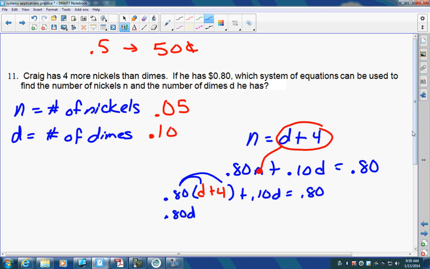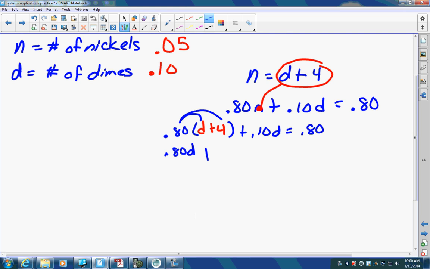0.80d plus, somebody put in the calculator, what's 0.80 times 4? It shouldn't be negative because these are both positives. Is it $3.20? Plus 0.10d equals 0.80.